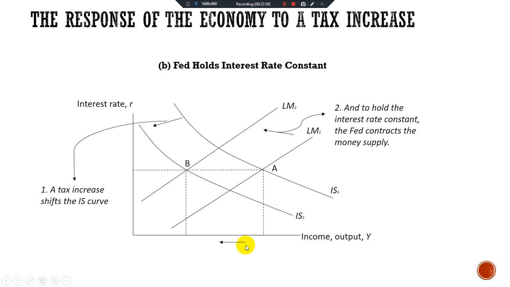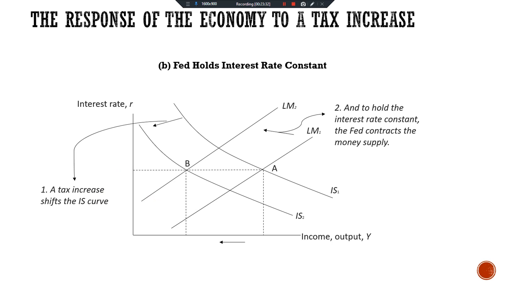So see here we have a large decrease in income than if the central bank had held the money supply constant, which we discussed in our previous video. So in this graphical presentation we see that by keeping the interest rate constant, the economy is also moving towards a recession.